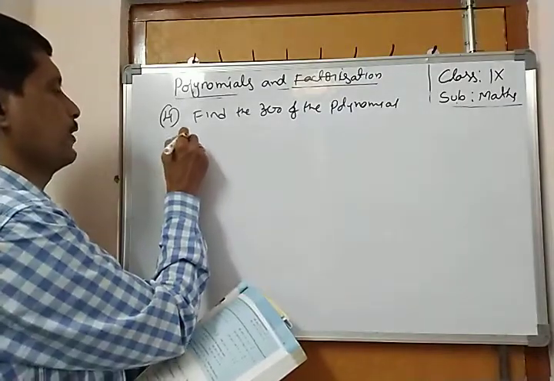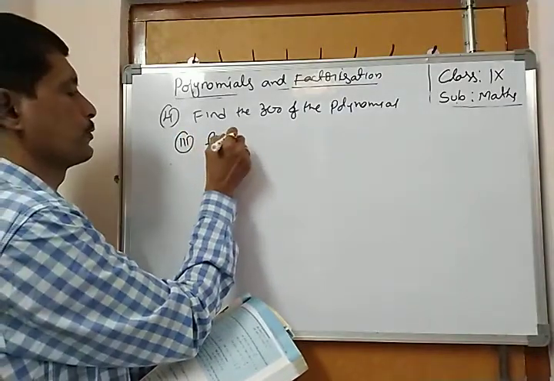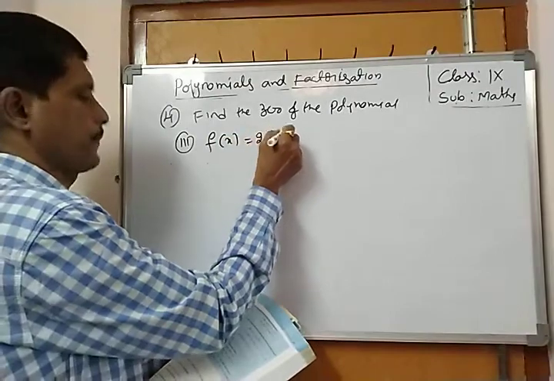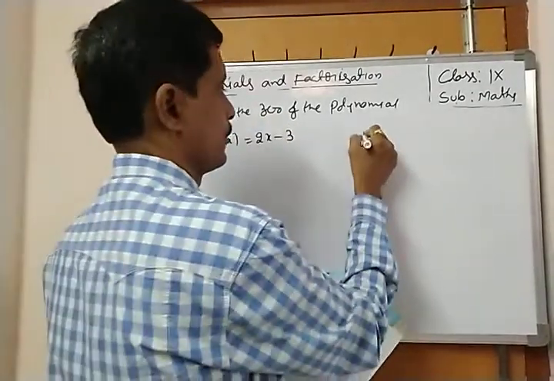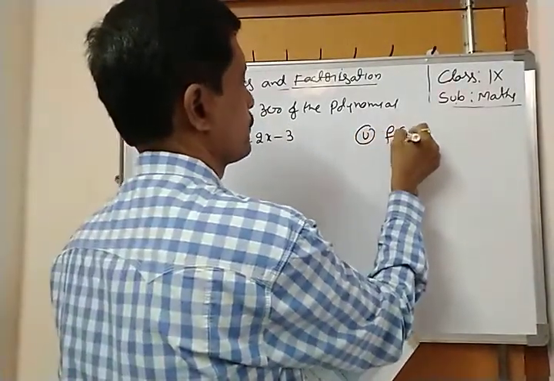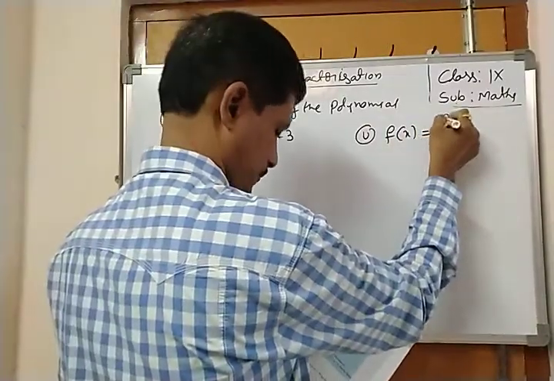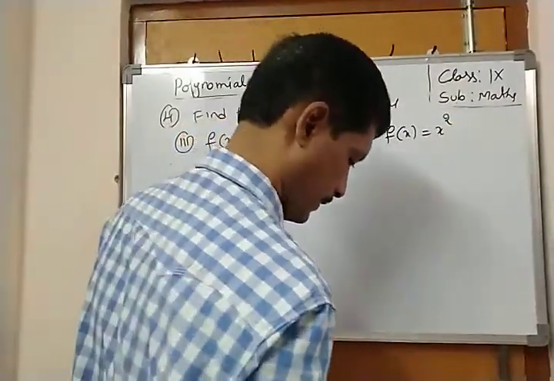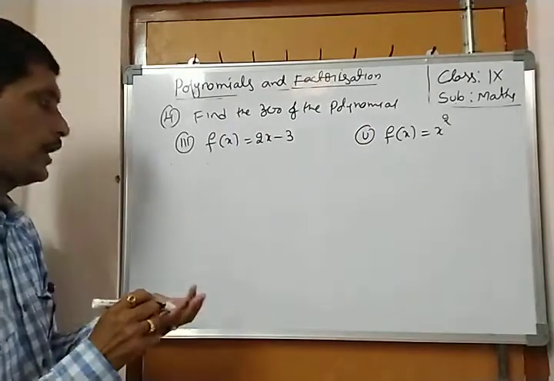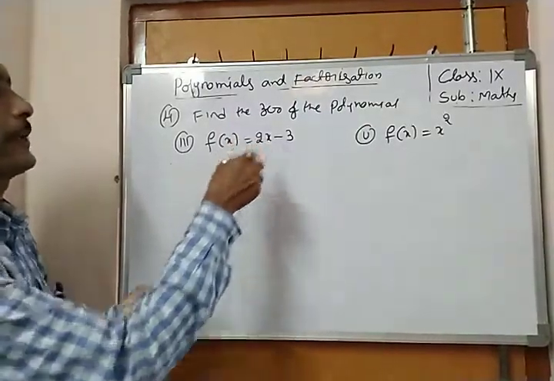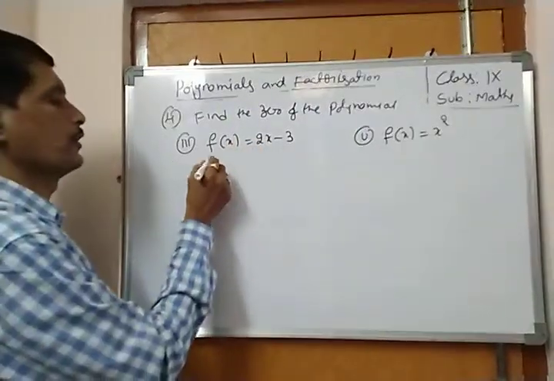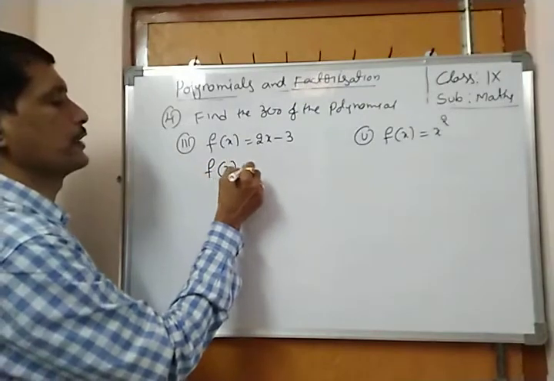Here, third one, f of x equals 2x minus 3. Here also the same. Therefore f of x equals 0.